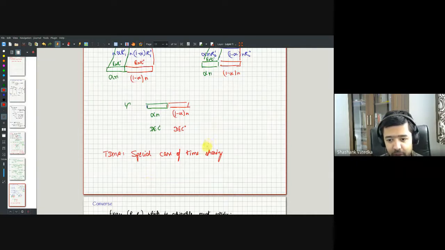But this is more general because both could transmit in all channel uses. TDMA is a specific case where in one set of channel uses, only one user is active. So all the other users remain silent.